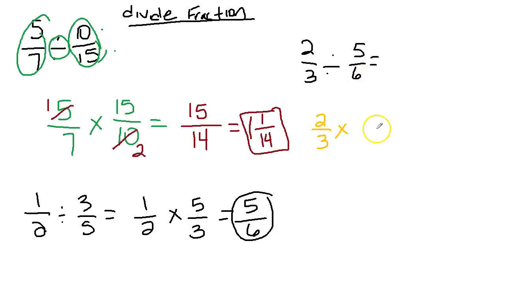You flip this last fraction and you say it is now 6/5. We can now simplify. 3 into 3 is 1, and 3 into 6 is 2 times. That comes out to 4/5. And that is the simplest form. Therefore, that's the answer. Okay?